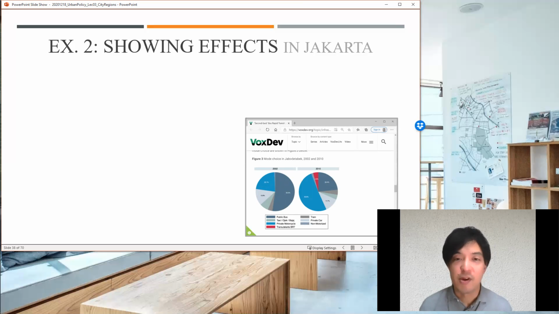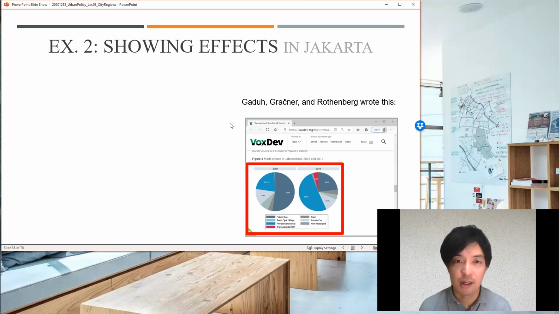This website was a very useful one, and the authors were Gado, Granskner, I don't know how to read it, and Rosenberg, three authors. And they made this graph. And this graph is very easy to understand and very informative.